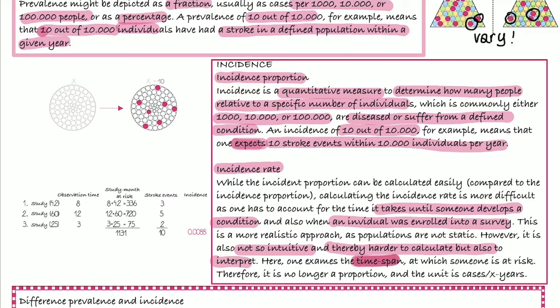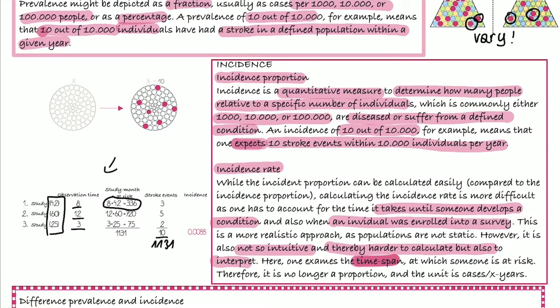If we're taking a look at this example with those three studies, including 42, 60 and 25 participants, the observation time differs, and now we can calculate the study months which someone was at risk. And then we divide the number of stroke events by the number of study months that someone was at risk.